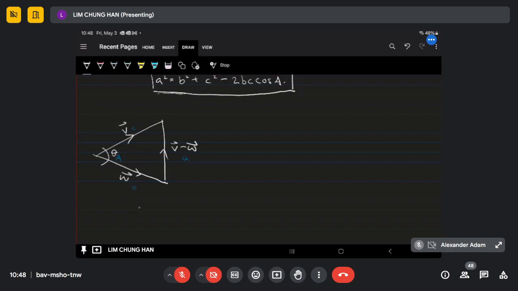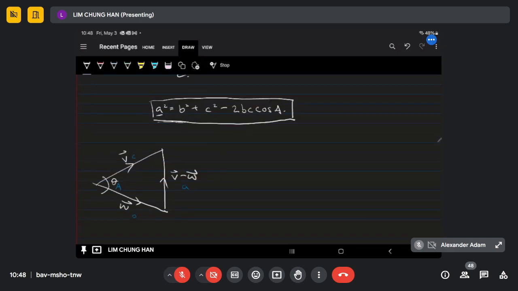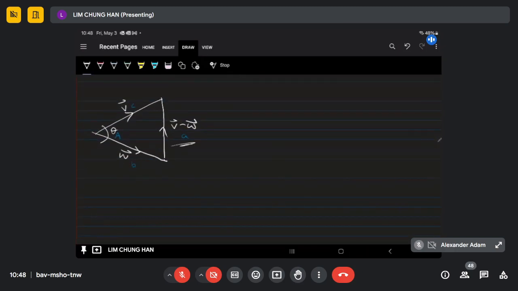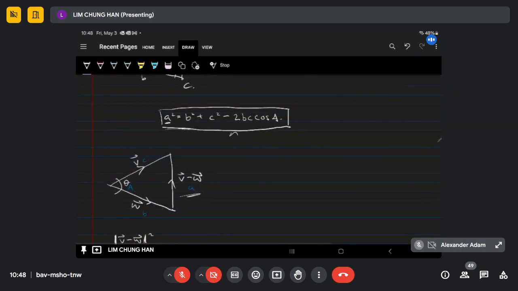So what you're going to get is a squared, which is this thing squared: magnitude of V minus W, squared. Now it has to be in magnitude, you see I put the two lines, because it's a length. This formula is only applicable to lengths.